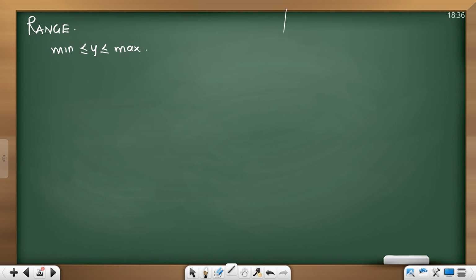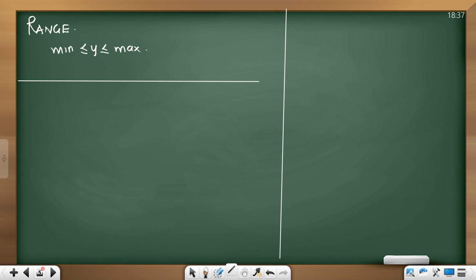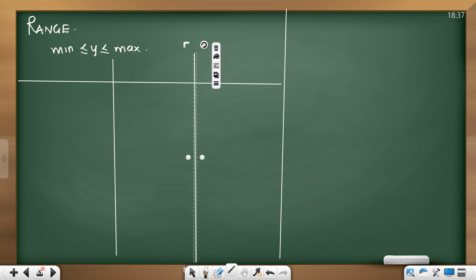So let's do it this way to make life a bit easy. Function, minimum value, and maximum.